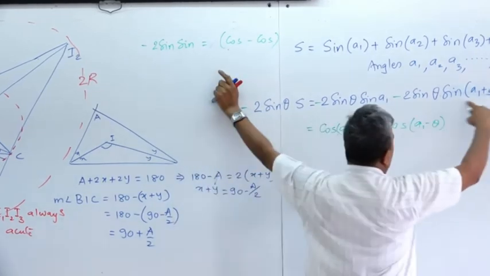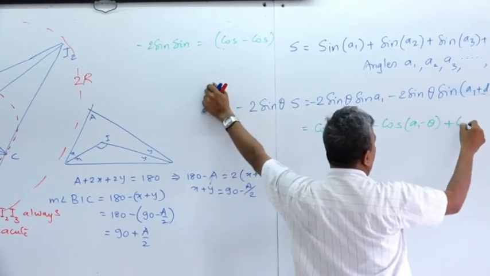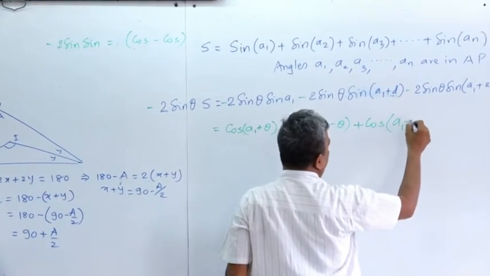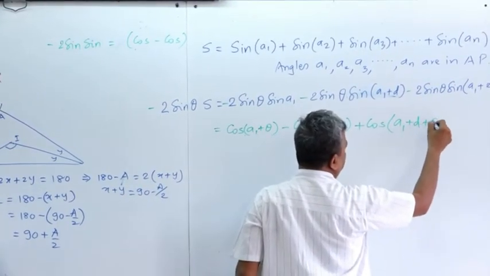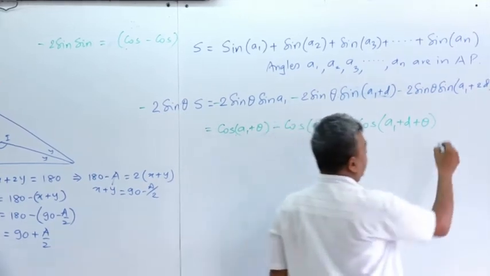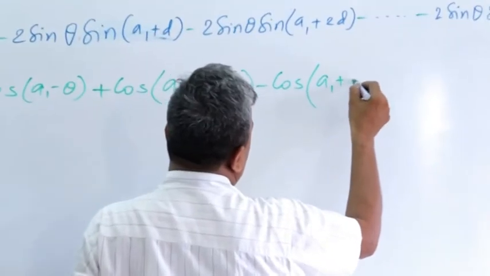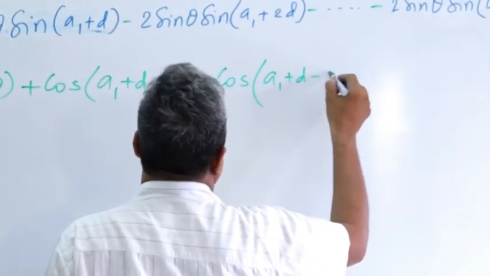What will I get next? Plus cos (A1 plus D plus theta) minus cos (A1 plus D minus theta).